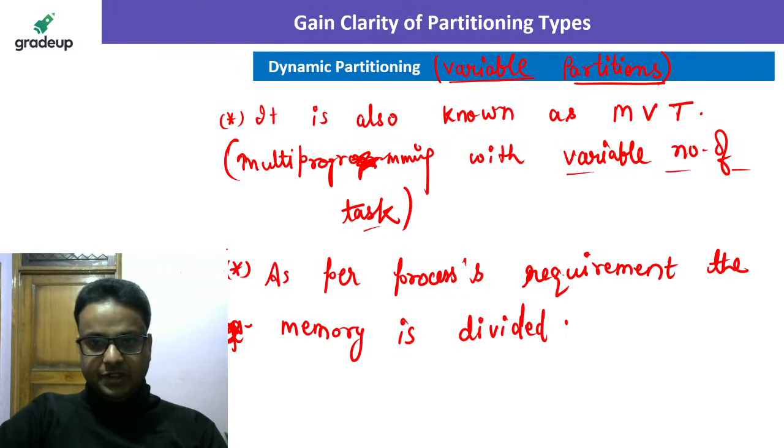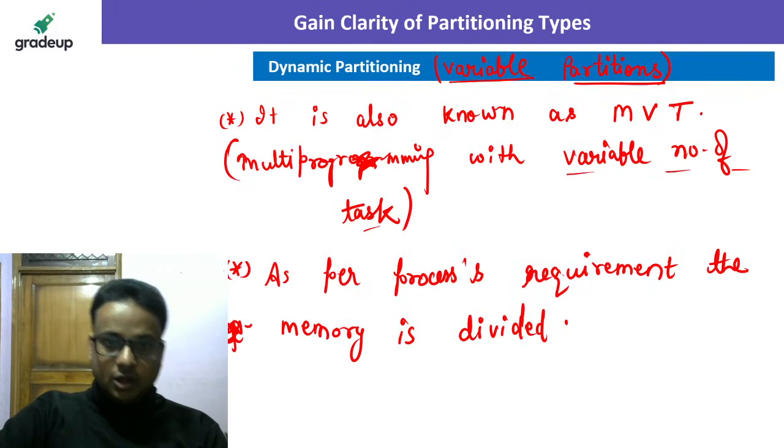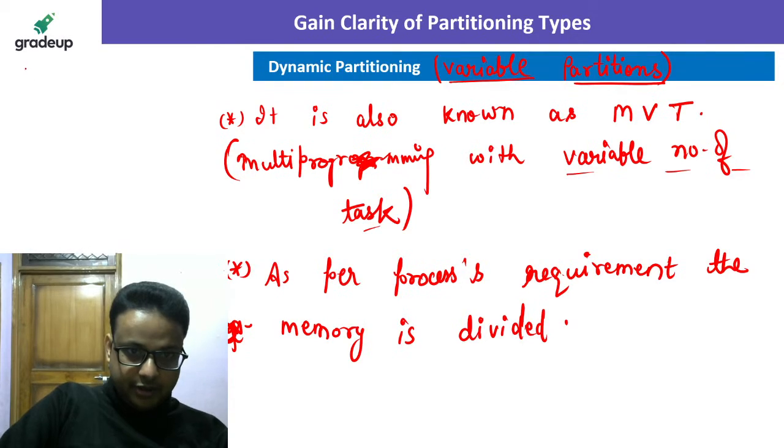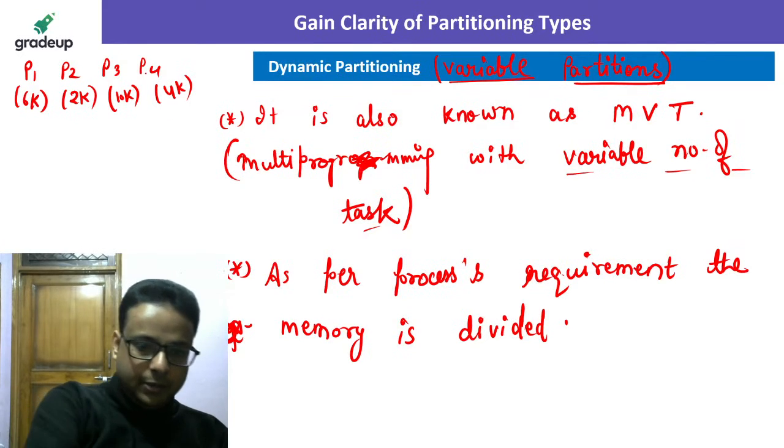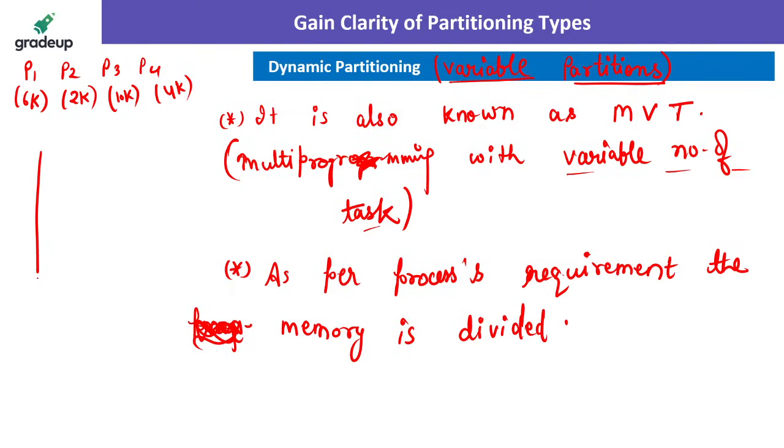Now if we see it, for example, we have P1, P2, P3, and P4. Let's say P1 is 6K, P2 is 2K, P3 is 10K, and P4 is 4K. Let's say my memory excluding the operating system is the remaining 32K.